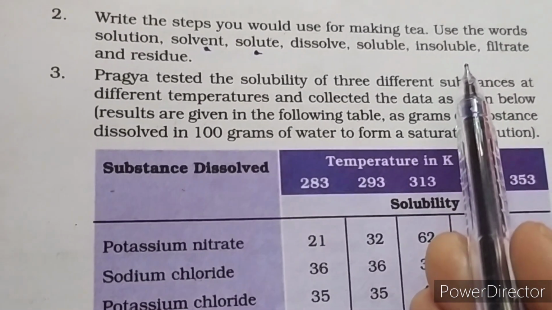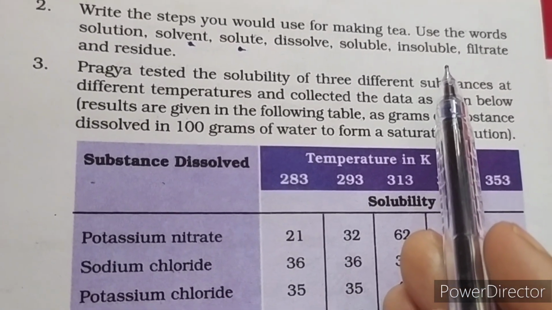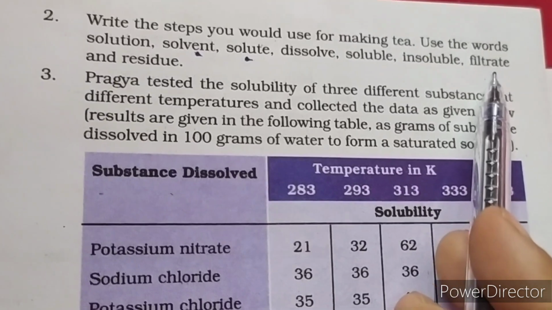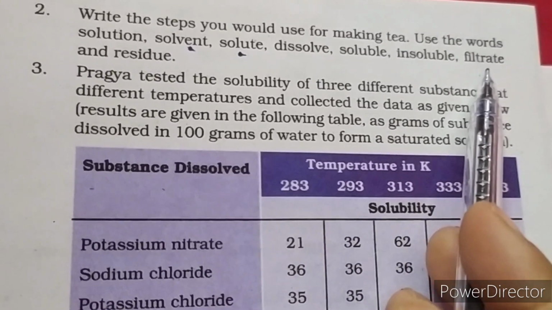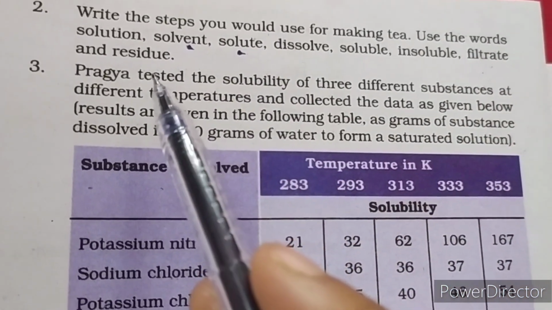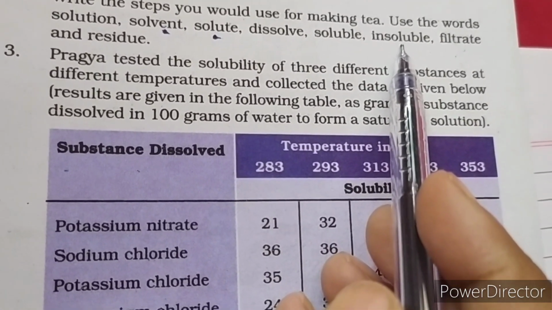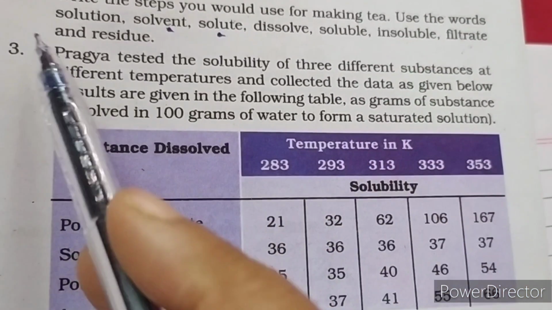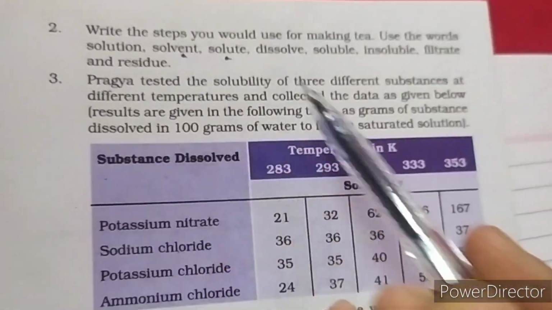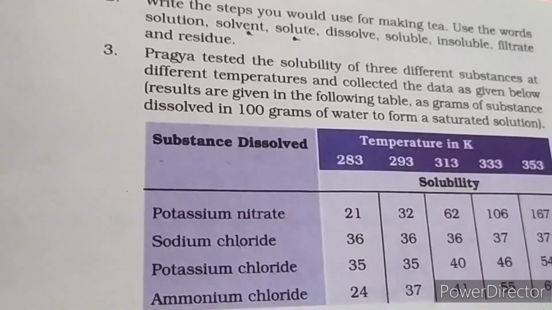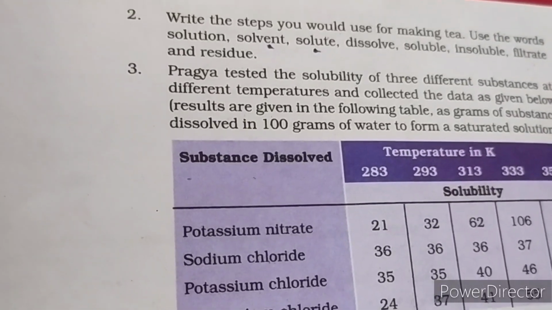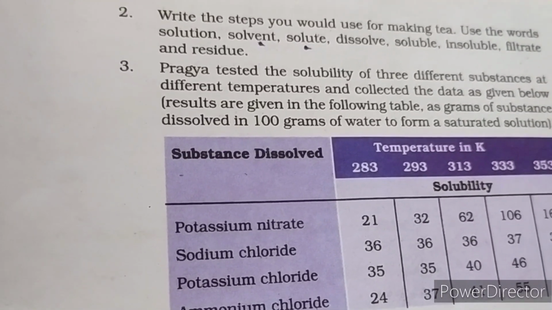Filter the mixture through the tea strainer, and you can collect the filtrate or soluble substance in a cup, and the insoluble tea leaves will remain behind as a residue in the strainer. So you can write down in your own words, just using all these keywords, how to make tea.